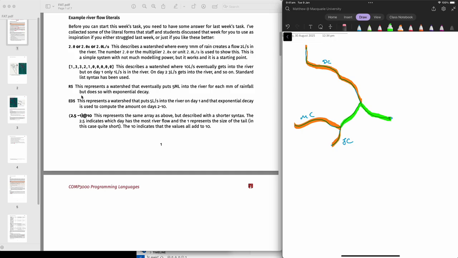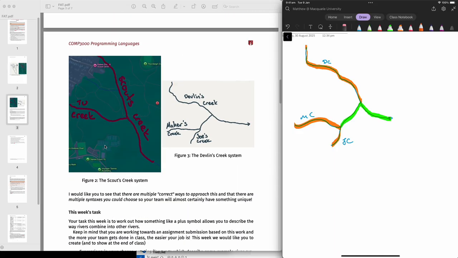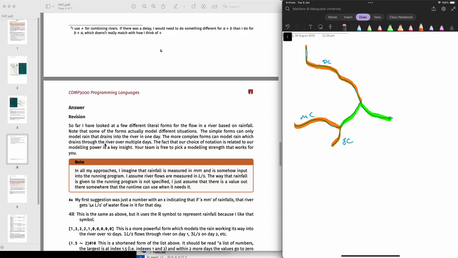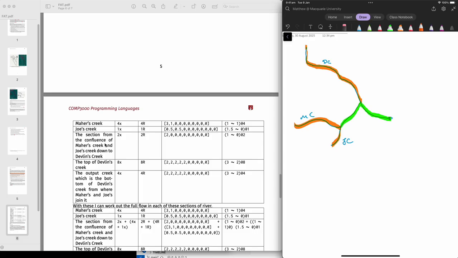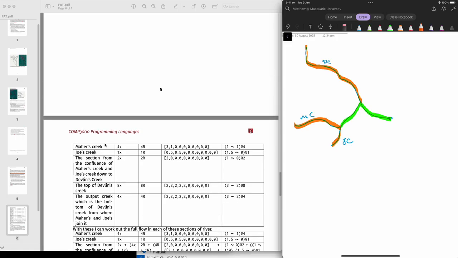So the top part of Devlin's Creek, that orange part, is relatively big, takes up a lot of area, probably gets a lot of rainfall, and it probably comes in relatively slowly. I'm going to go down to my solutions just so I get the same numbers I used down there. I said for Devlin's Creek, every time there's 1 millimeter of rainfall, it probably leads to 8 liters per second flowing through that top half of Devlin's Creek.